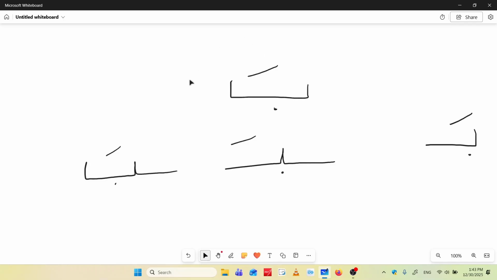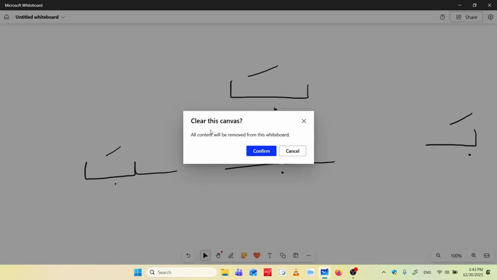Now let's move on to the next letter, which is ta. Okay, again, I'm gonna imagine that there's a fatha on top of it. So this ta is the isolated ta.